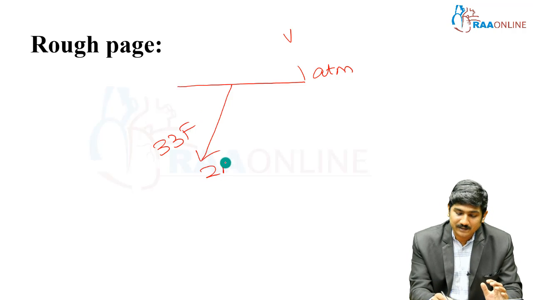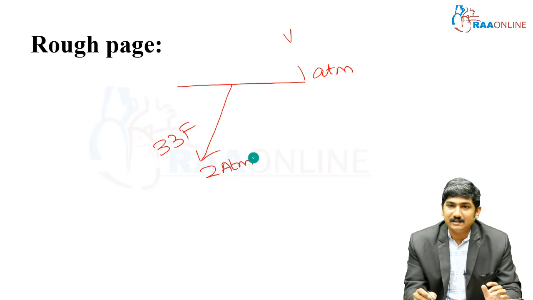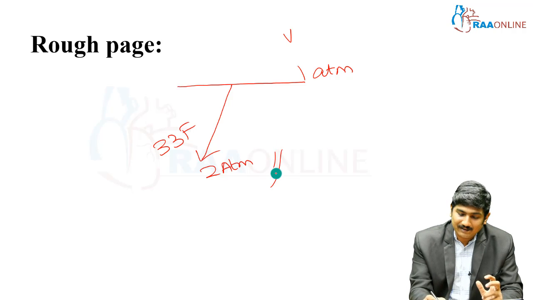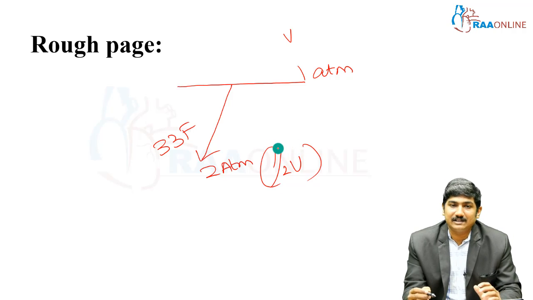It is 2 atmospheres, ATM, right? So compared to 1 atmosphere, he is receiving a force of 2 atmospheres. That is, the pressure has doubled. So what will happen to the volume of the gas inside his lungs? It's going to be halved. So it is half the volume. This is what he'll be facing at the end of 33 feet.